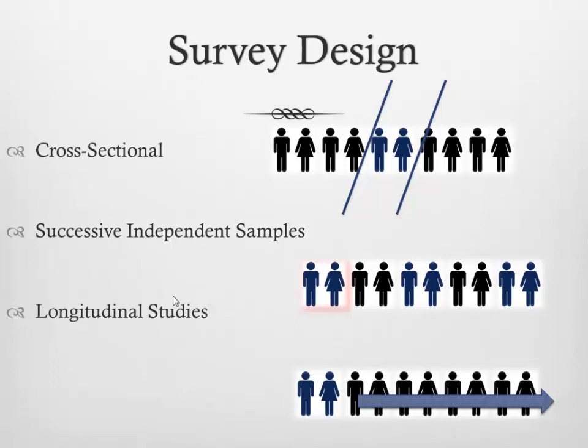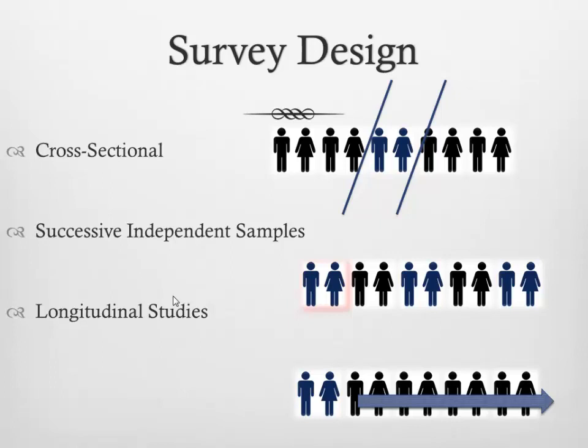Probably the most frequently used, certainly in rehabilitation counseling research, is the cross-sectional design, where you take a cross-section of the population. So a one-time study, one-time data collection, where you select a sample of the population for a one-time study.